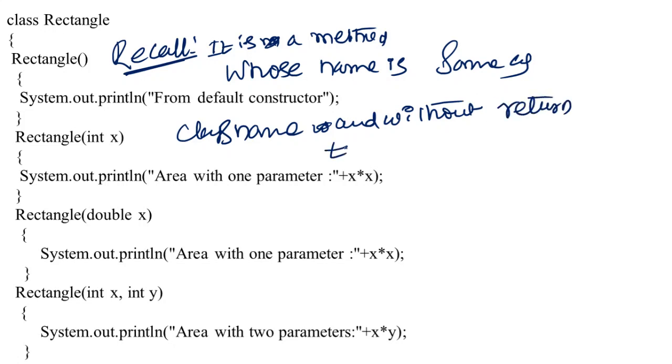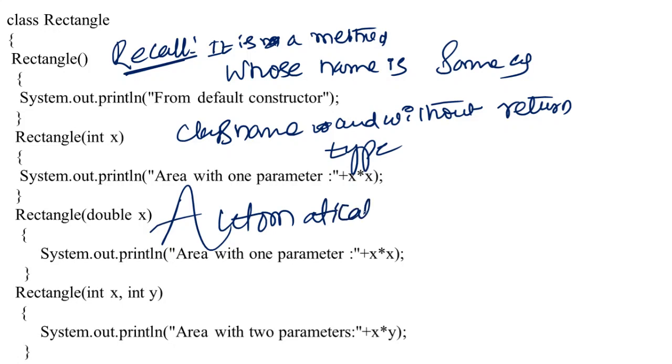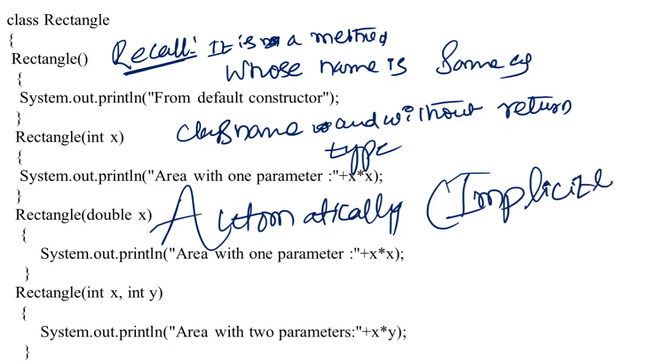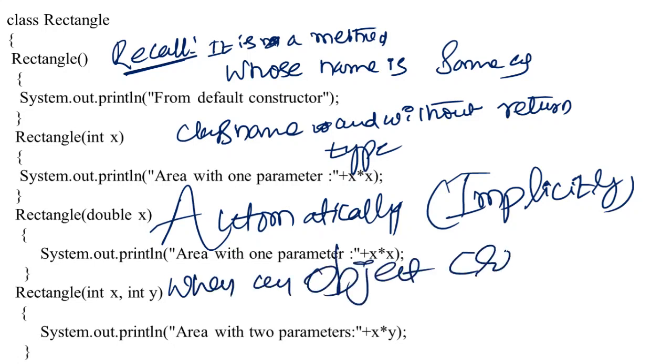When will it be called? The constructor will be called automatically, or I can say implicitly, when an object is created. I need not call the constructor.